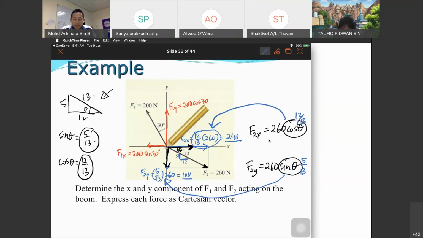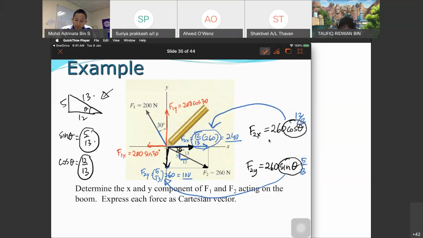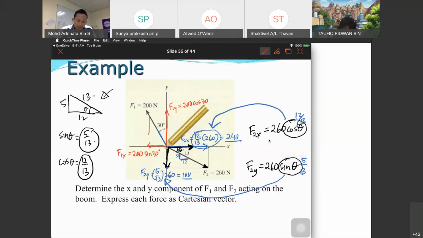So it depends. Kalau dekat atas ni, dia buat, salah. Up here, they put it as 4, 3, 5. So you can use your sine theta. Let's say this is your theta. So sine theta is equals to 4 over 5.